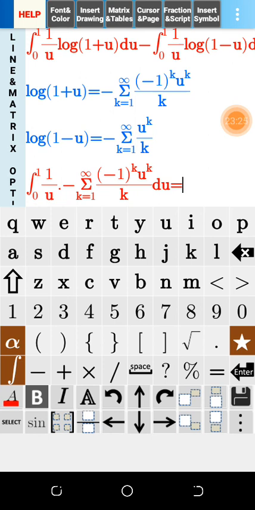So this is now equal to the integral of sum is sum. So let's take out the sum and the constant.